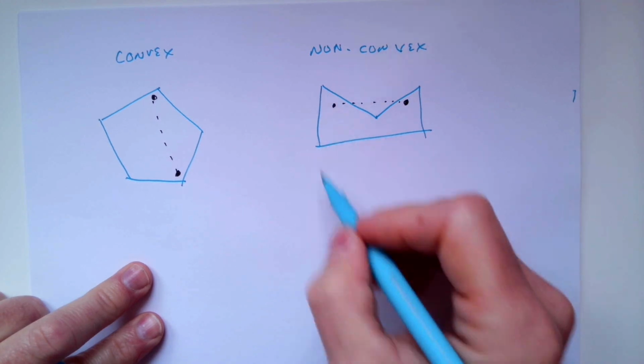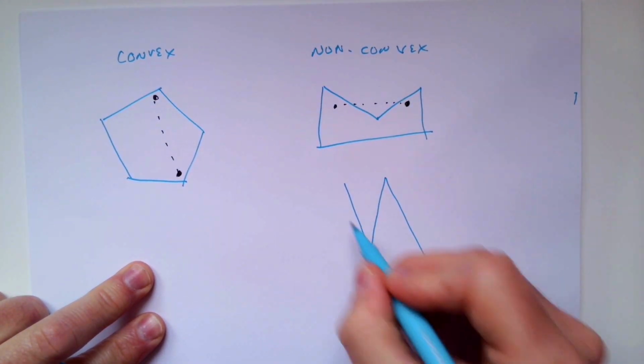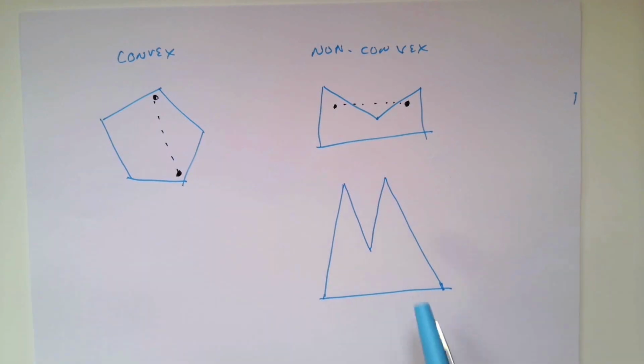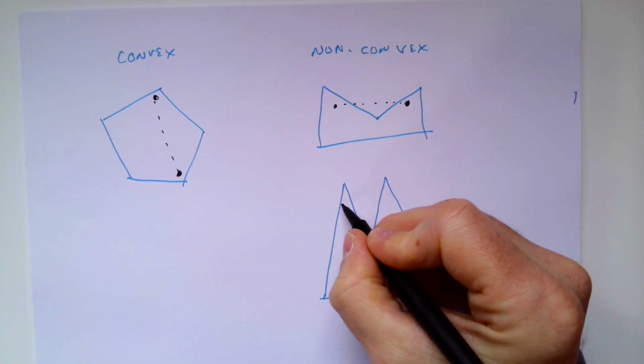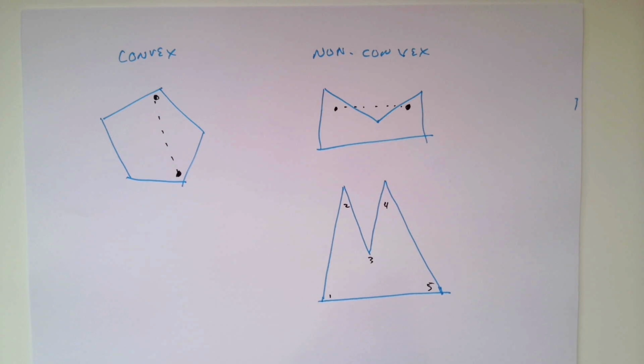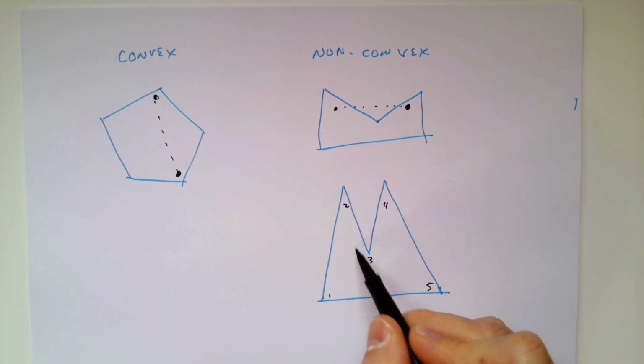For instance, I can draw another pentagon like this. Okay, close the edges there. And now if we were to figure out the sum of those interior angles, the sum of those 5 interior angles is going to be greater than the sum of these 5 interior angles, because this angle is greater than that.